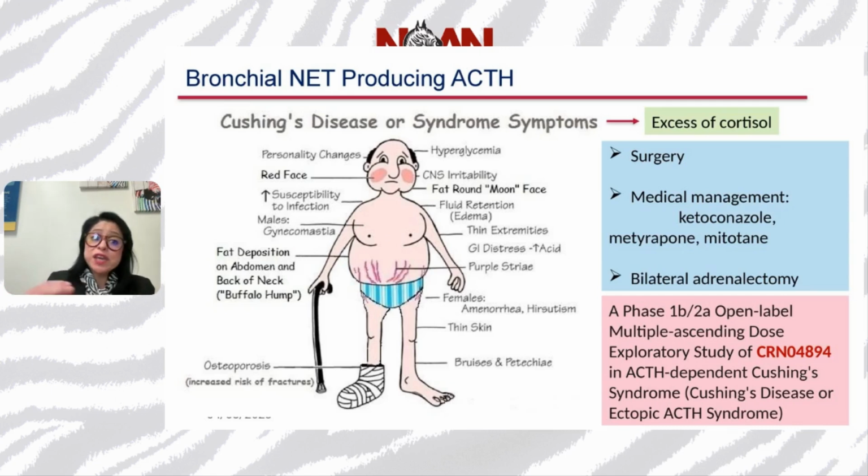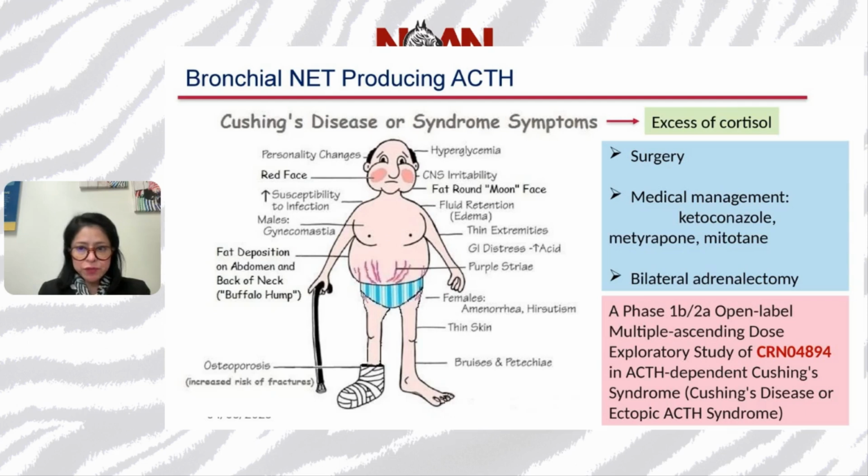We know that some of these patients may not be eligible to have all those tumors resected with surgery. Sometimes it's advisable to remove the adrenal glands, because if you remove the stimulus, then you don't produce excess cortisol. So it's something to discuss with your treating physicians.